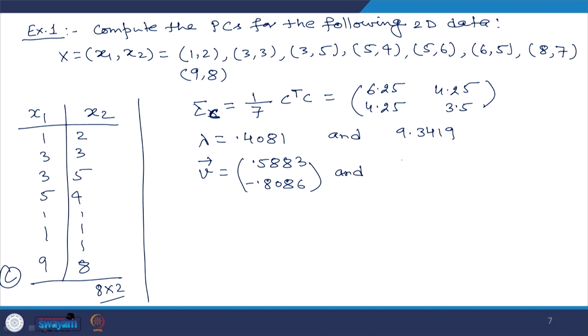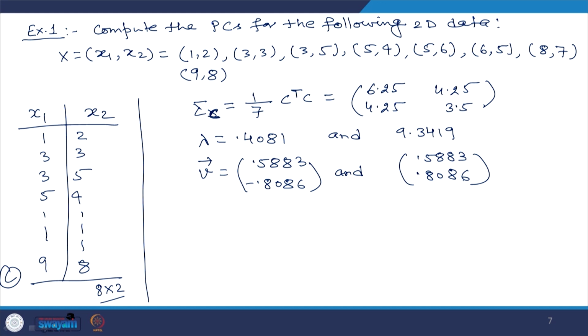Similarly, eigenvector corresponding to this is 0.5883, 0.8086. So, these eigenvectors are giving you the direction of principal components or principal directions.